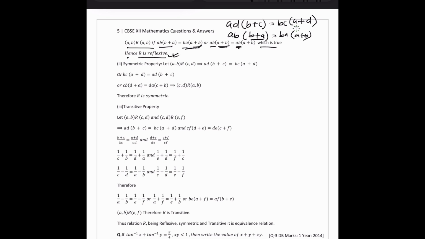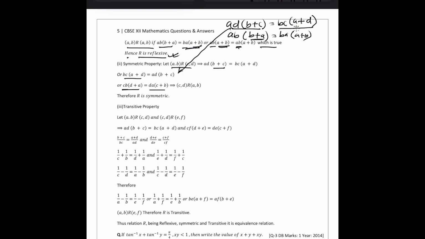Now to prove the symmetric relation, here AD(B plus C) is equal to BC(A plus D). Now BC(A plus D) is nothing but AD(B plus C). So now CB(D plus A) is nothing but DA(C plus B), same logic.